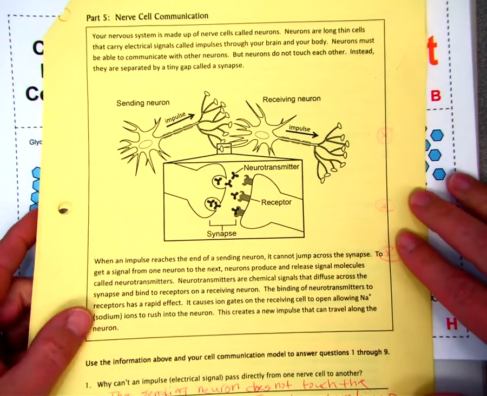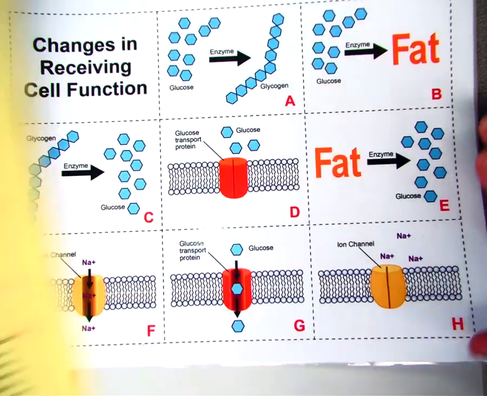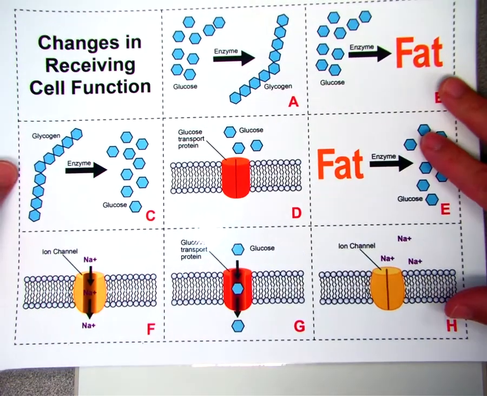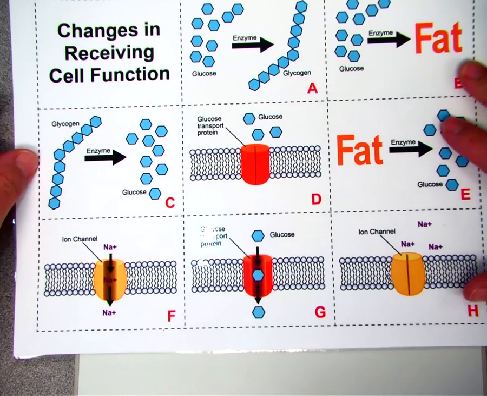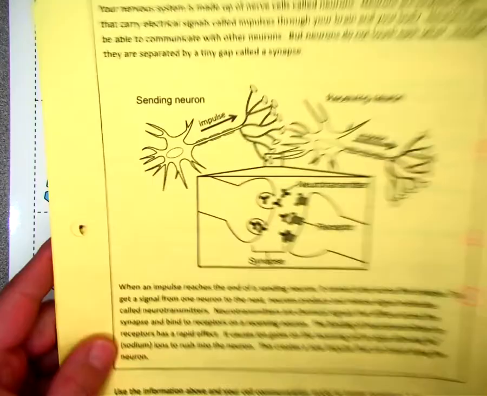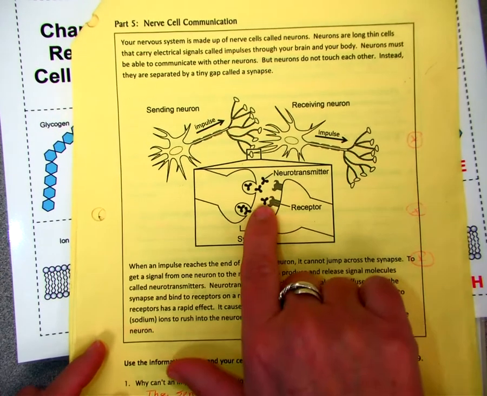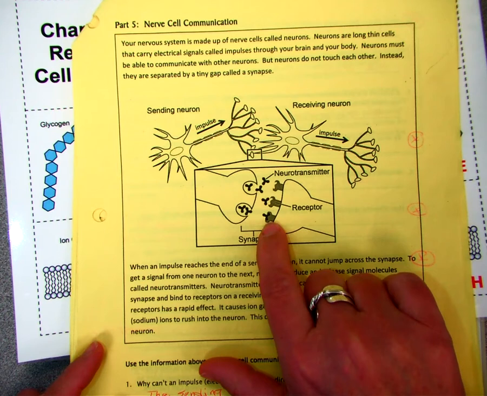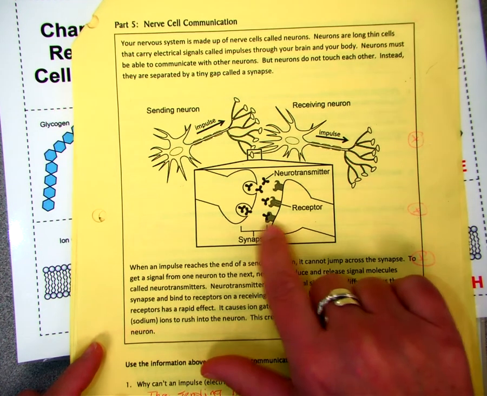All right, so there's a great diagram of it. On that changes in receiving cell function diagram, they're talking about when it enters here, this channel, the sodium ion that we've learned about will start the next signal.